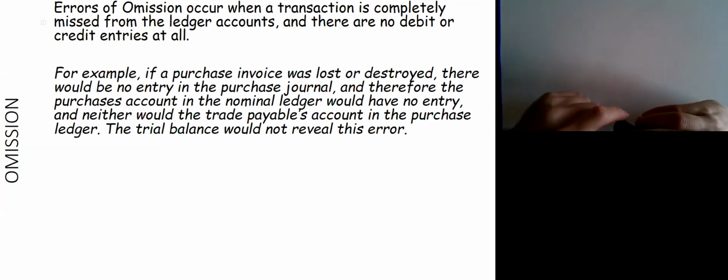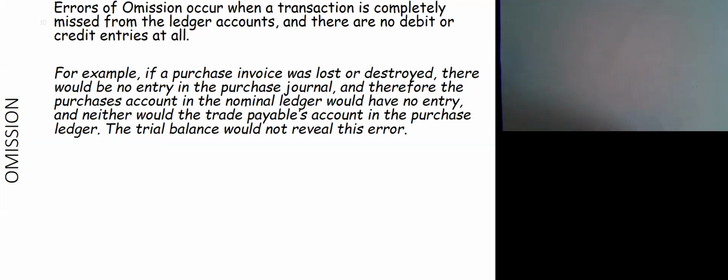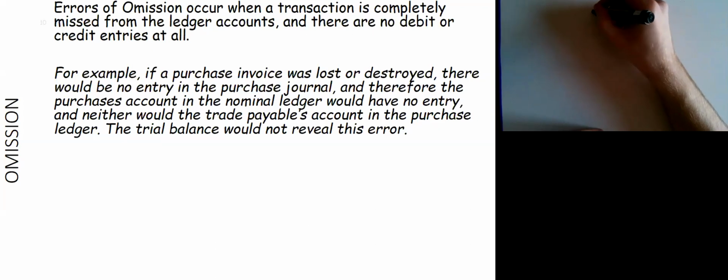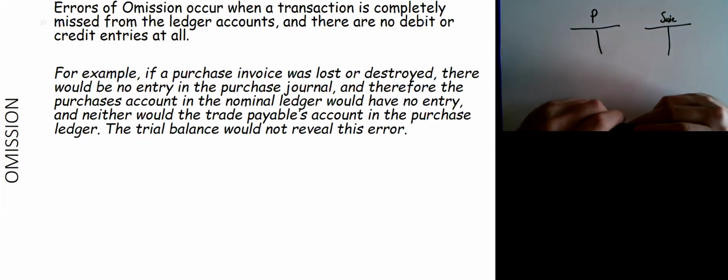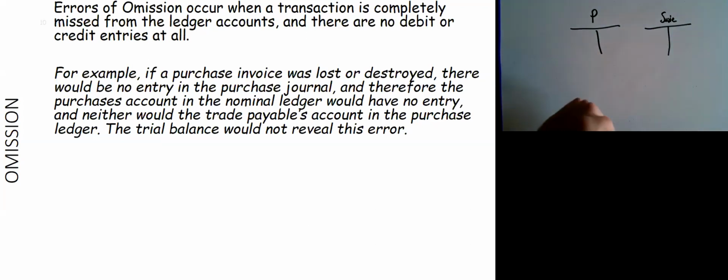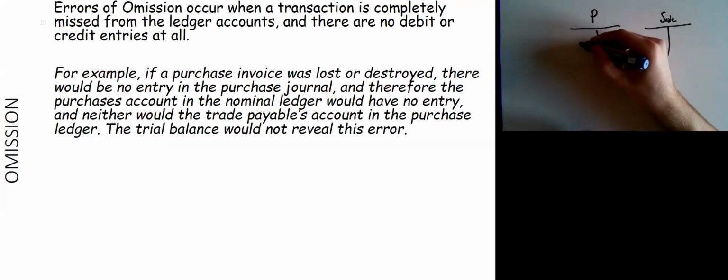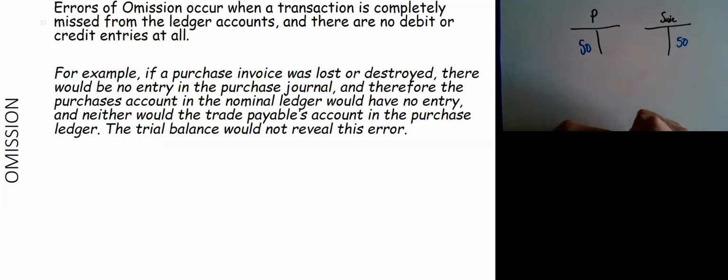So let's give that a number. Let's say a purchase invoice of £50, and let's say our supplier is called Susie. So we have our purchases and Susie, who's our supplier, our trade payable, and we bought something off Susie for £50 on credit, but the invoice has been lost, so nothing's been put in these accounts for that transaction. But how it should look is I should have 50 for purchases, debit, and 50 for Susie on the credit.